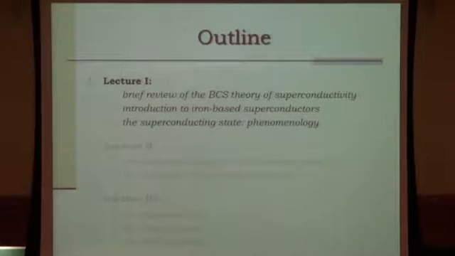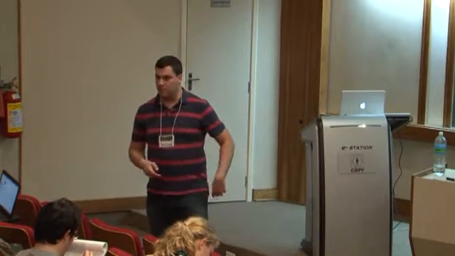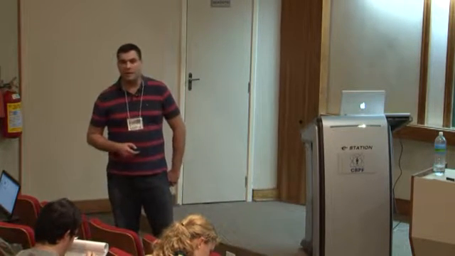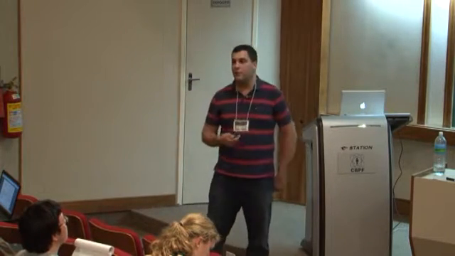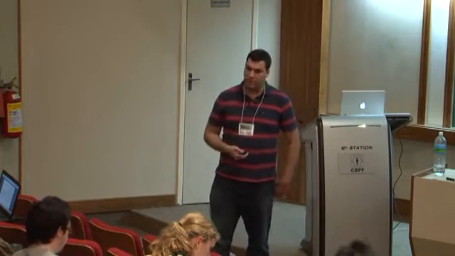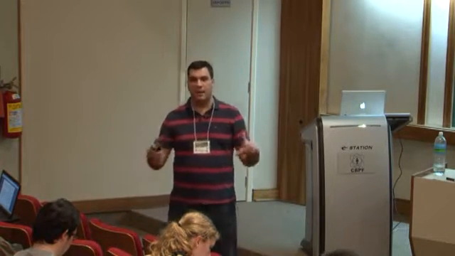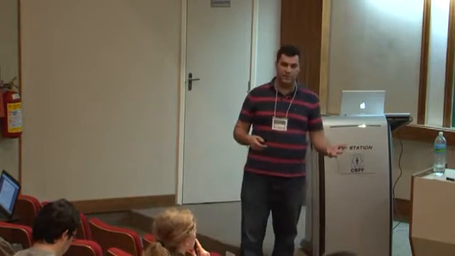Okay. So now let me finish lecture 1 by telling you about the superconducting state phenomenologically, and then later tell you about microscopic models. So, how do I classify the superconducting state? Well, as in every system, as you heard from the lectures earlier, we need to understand how the wave function behaves under certain symmetry operations.